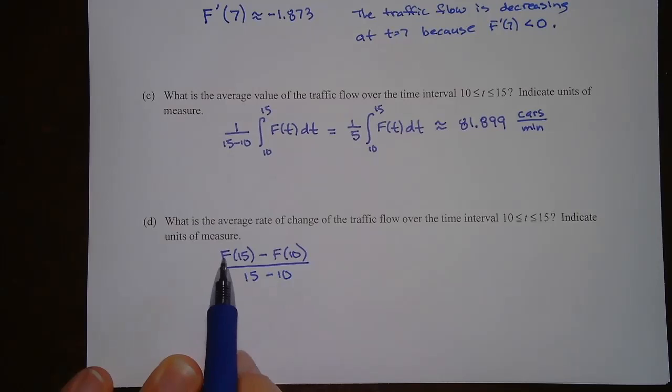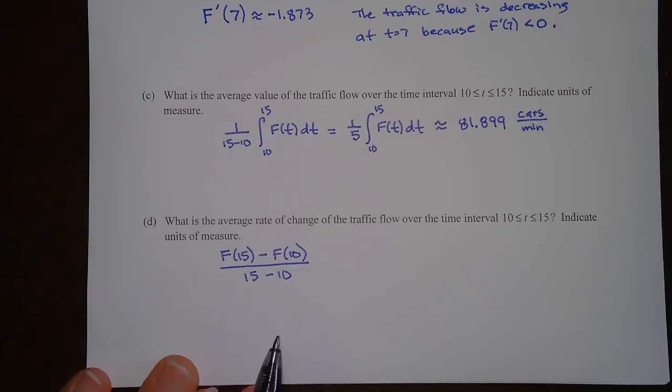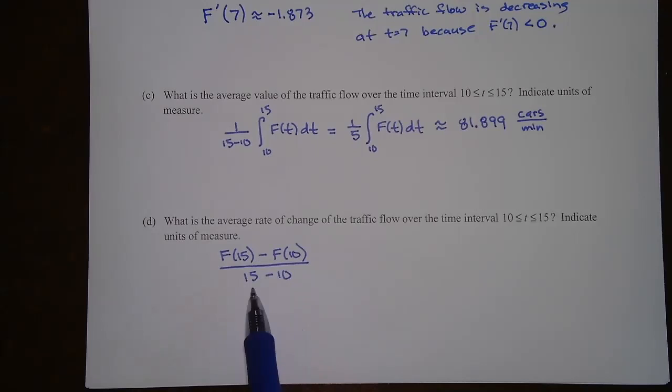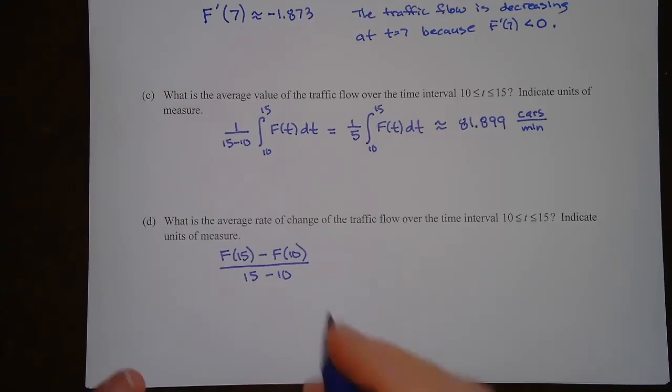Okay, so the units for the top here are cars per minute. So cars per minute is the traffic flow units, right? And we want to know how that's changing per minute, right? And so this is minutes. So this is going to be cars per minute, or cars per minute squared, okay? So we're going to put this into our calculator, right, to figure this one out, and then we'll come back and record it.